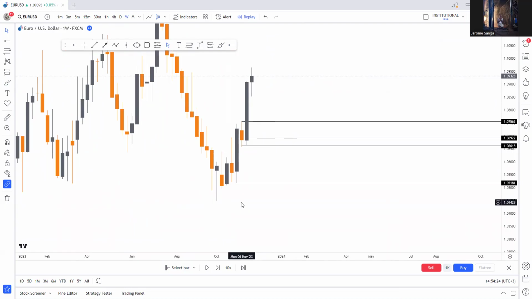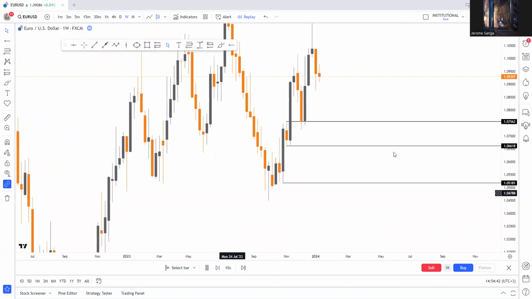That's the best area that you could consider as your entry points. So if price reacts to this level, it's okay. And if it reacts to the above level, again, it's okay for you to take some consideration.